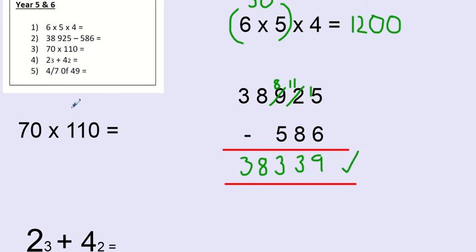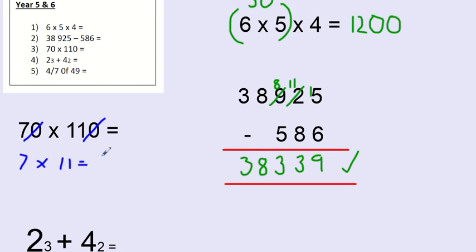Okay, we're going to look now at question 3. We've got 70 multiplied or times by 110. Now I can see that I could begin by ignoring these zeros or making the numbers 10 times smaller. So then I've got 7 times 11, and I know I can do that.